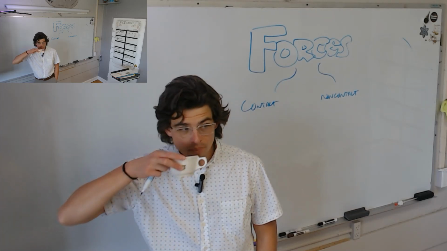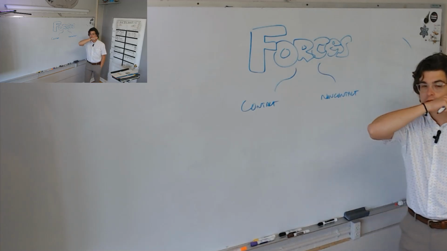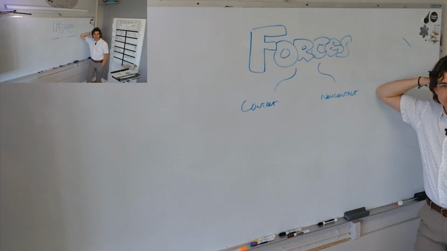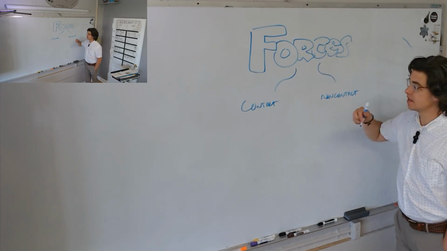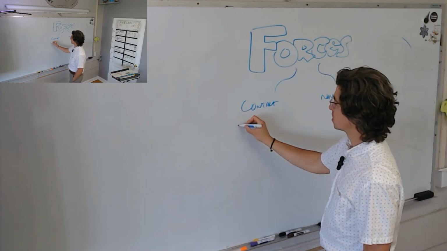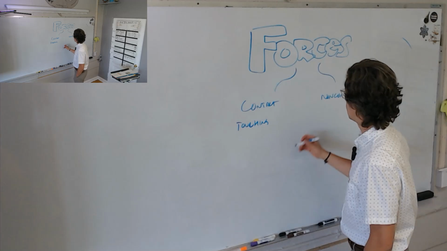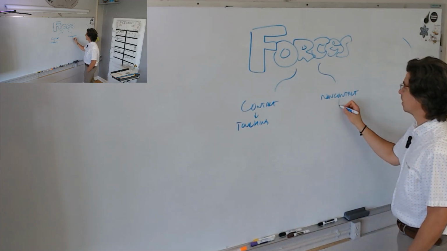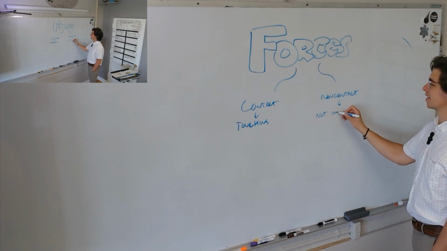Is that contact or contract? Touch. Remember, a force is always a push or a pull. So contact is if the objects are touching. And non-contact is if they are, or yeah, not necessarily. We'll put that.